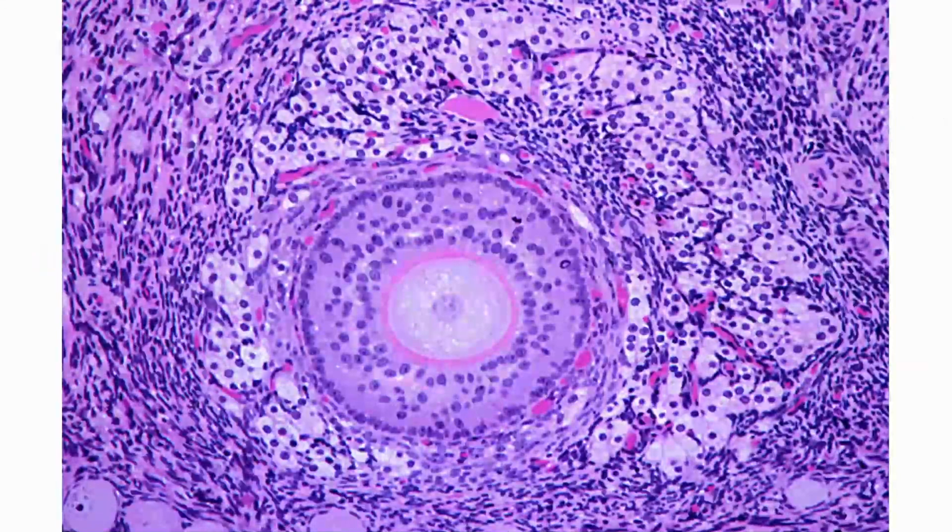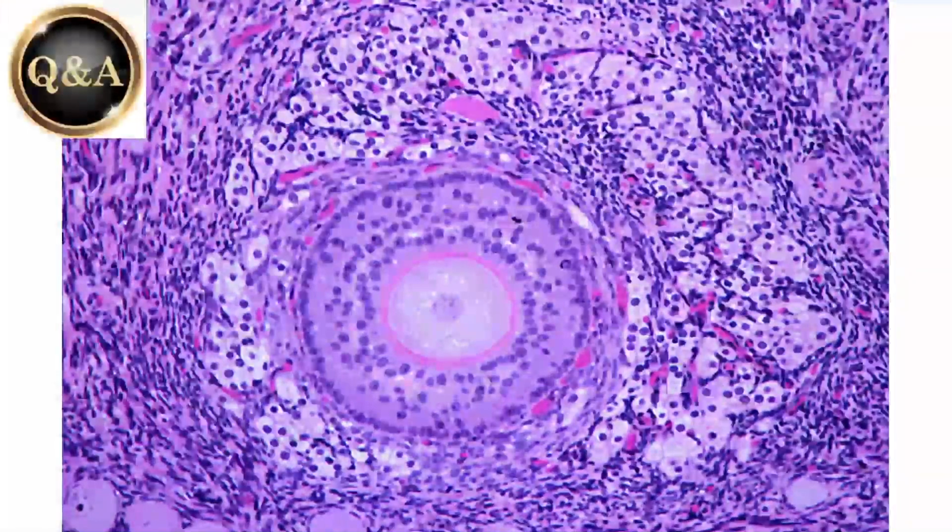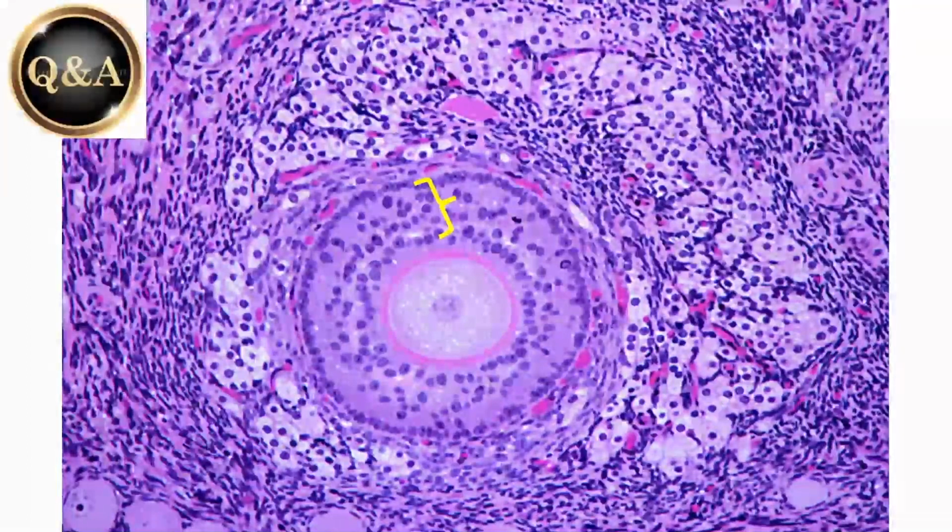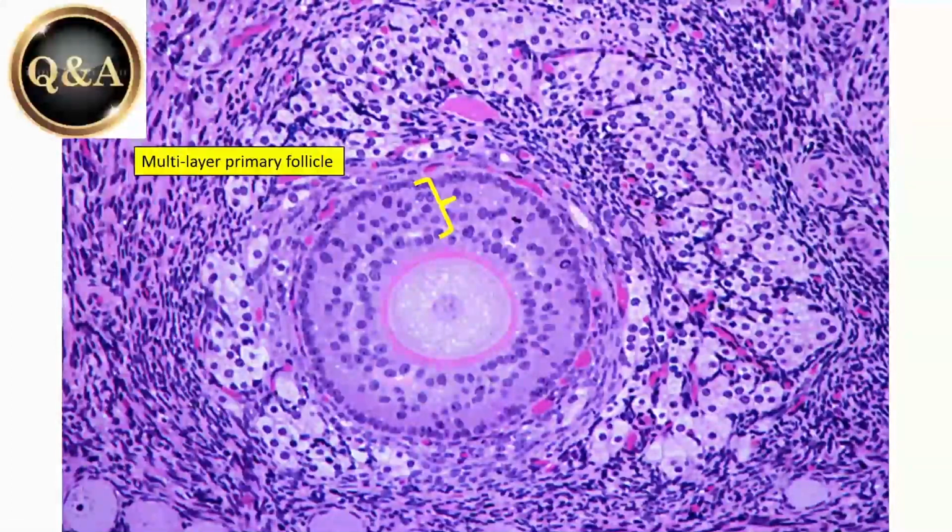This is a section of the ovary in which we can see what? We can see that the granulosa cells are now multi-layered, and it is called multi-layered primary follicle.